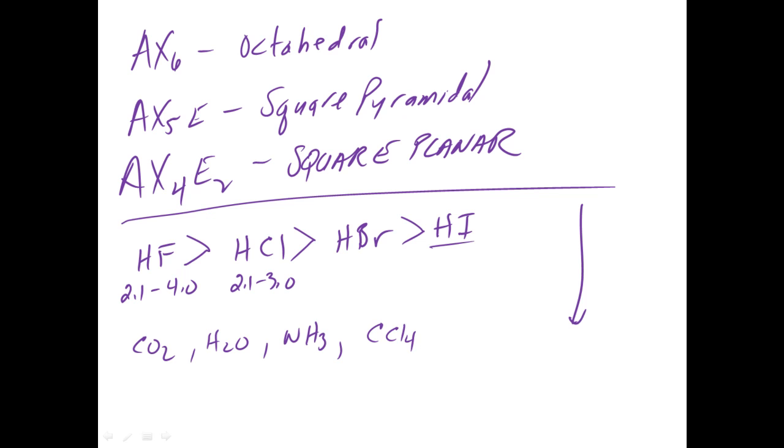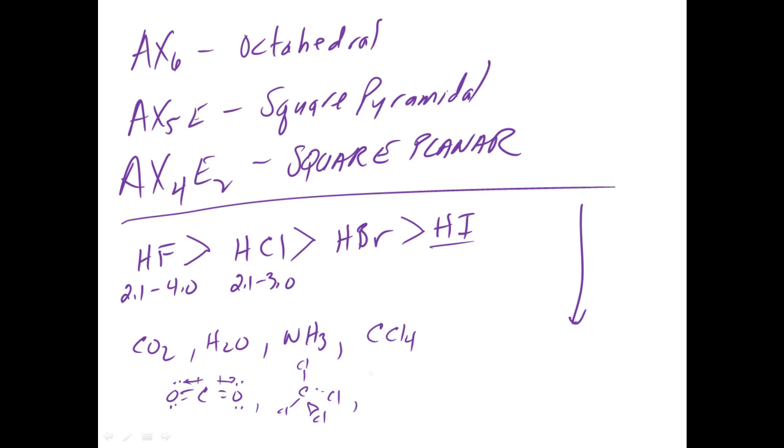All right. Well, the carbon dioxide does not have a dipole moment because this is the Lewis structure for it, and it's an AX2, and these pull equal and opposite, and they cancel each other out. So no dipole moment for this. Actually, there's no dipole moment for the carbon tetrachloride because they cancel each other out.